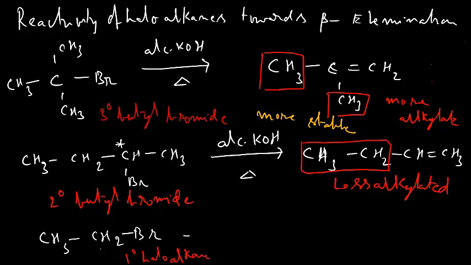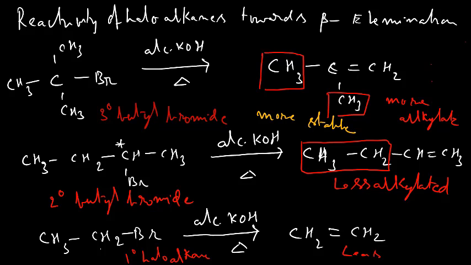On the other hand, when a primary haloalkane is heated with alcoholic KOH, what do we get? This is CH2 double bond CH2. So this is least alkylated. Out of these three products, what is the name of this substance?